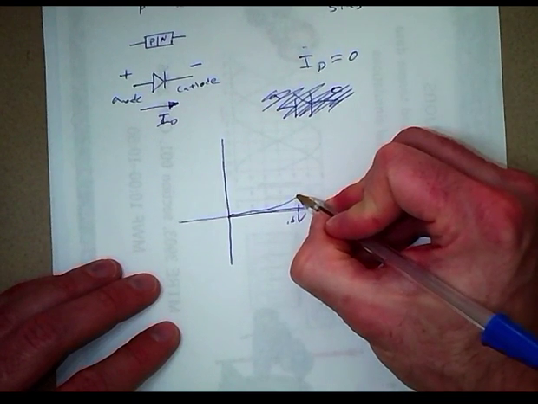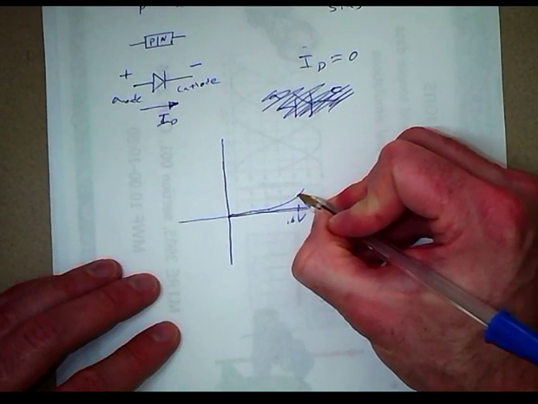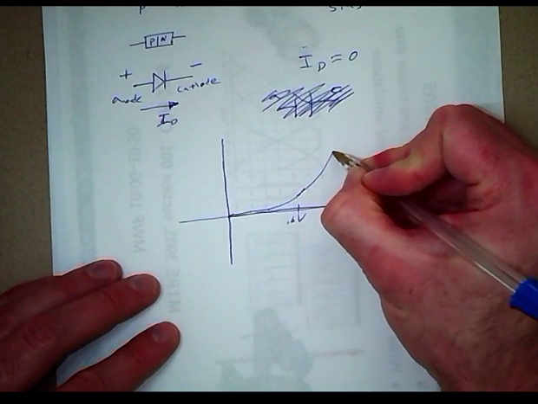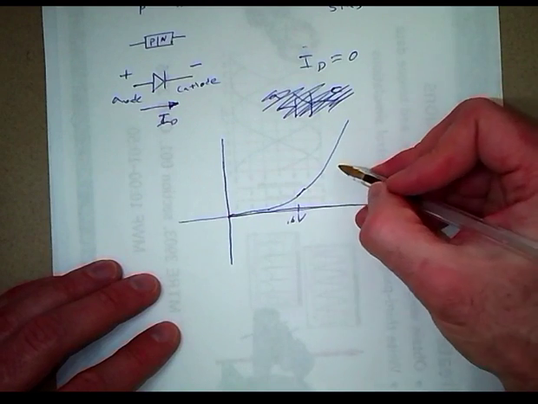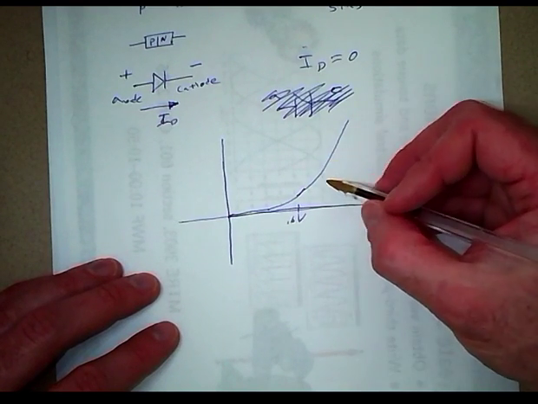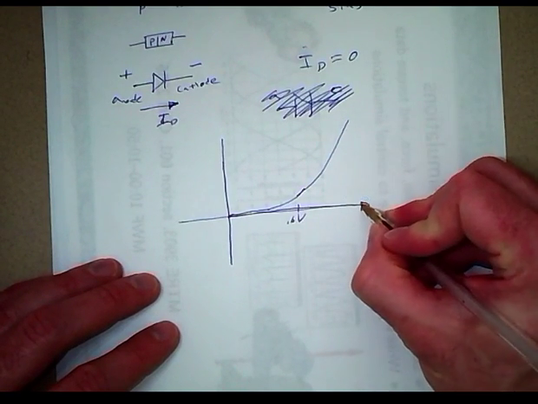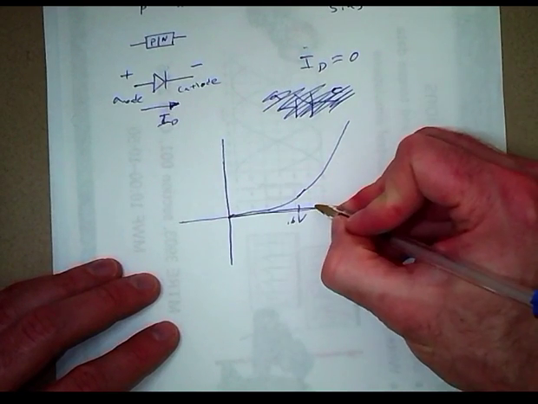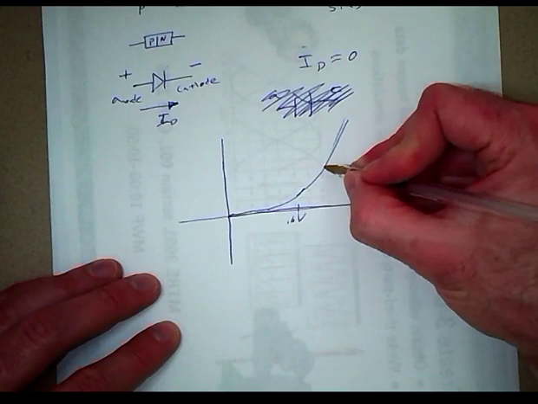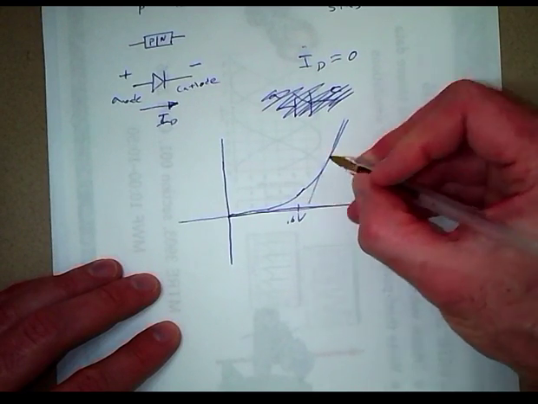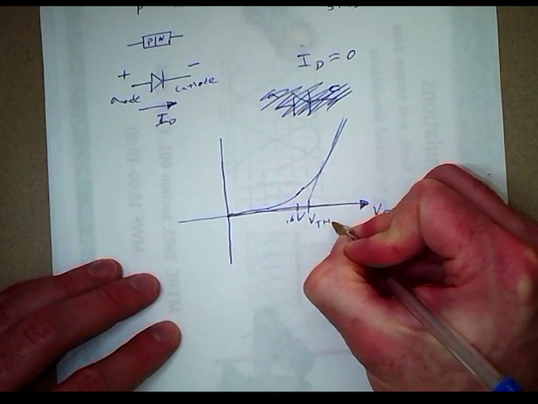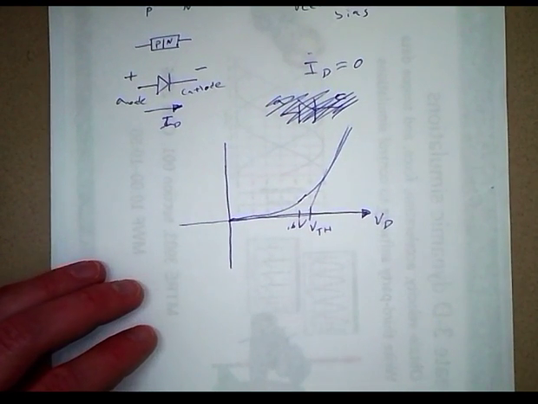And then it starts to increase, or the resistance of the diode decreases. And so then current increases dramatically with increasing voltage. And so the intersection of the tangent here and the voltage would be the threshold voltage. And it's usually about 0.7 volts.